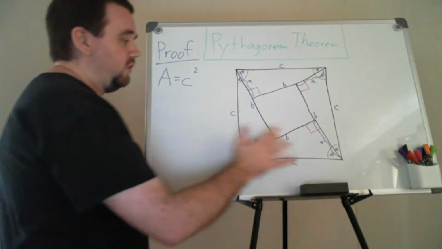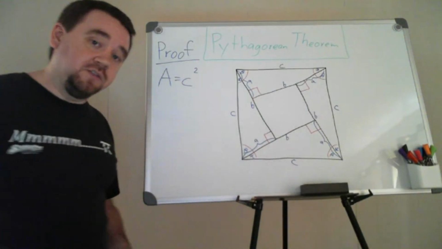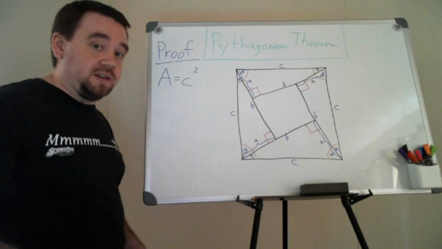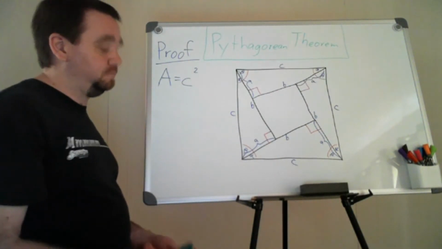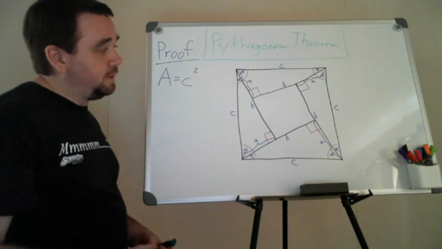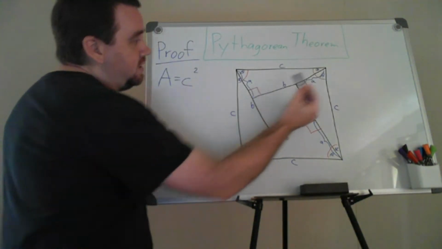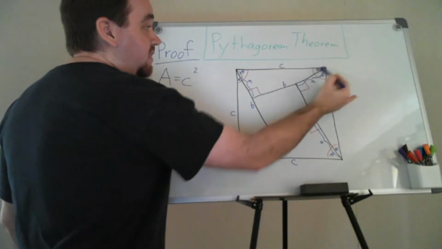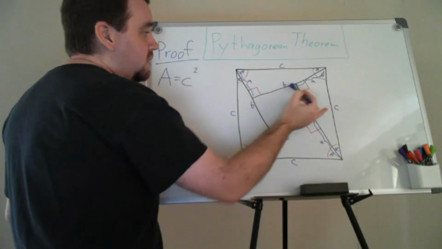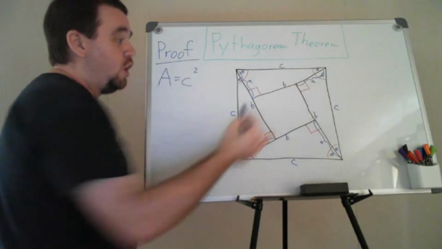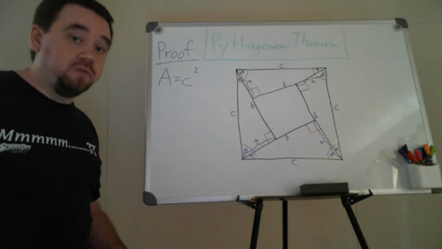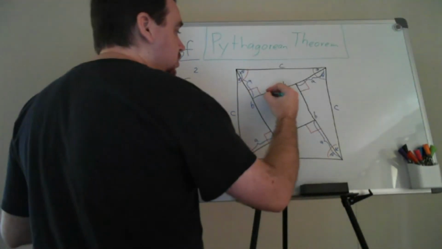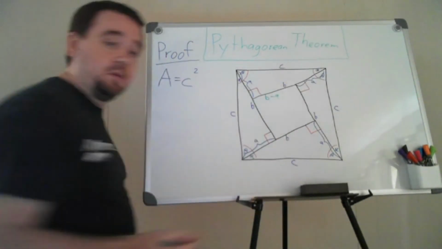Now I need to focus on the area of each of these inner 5 shapes. I'm going to start with this inner shape here because I don't know what it is yet. I just know it's 4-sided. It's a quadrilateral. Looking a little more closely, if from here to here is b, and from here to here is a, this is a portion of b, then from here to here must be the leftovers, what remains of b after I put on a, which is b minus a.